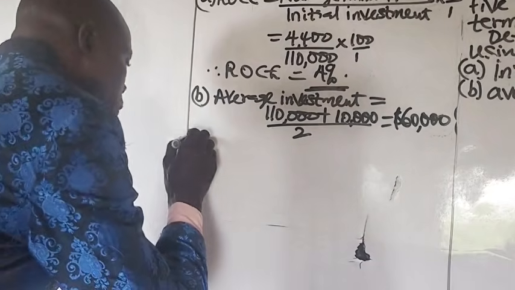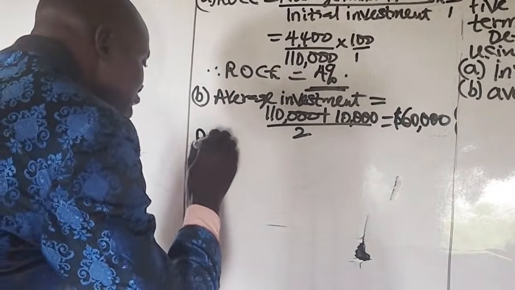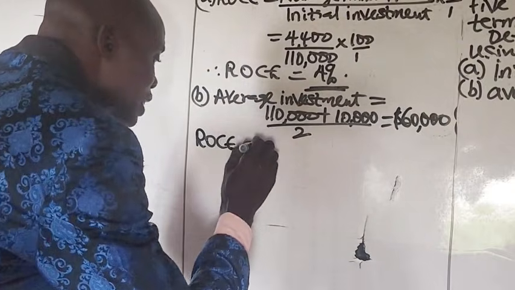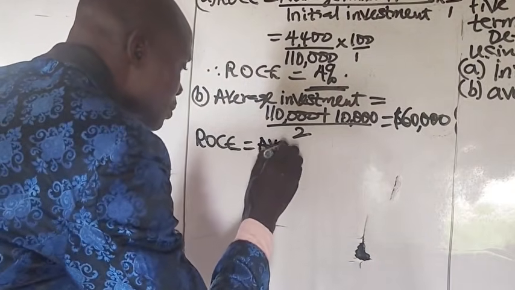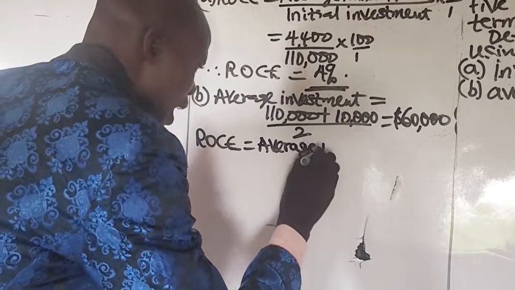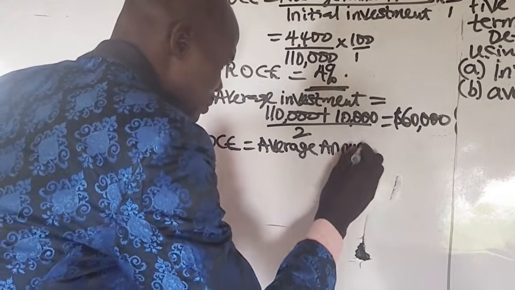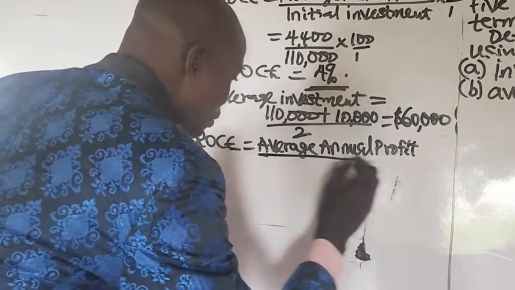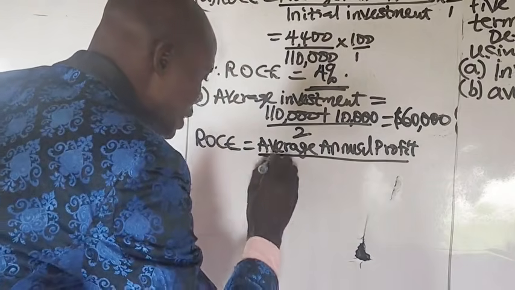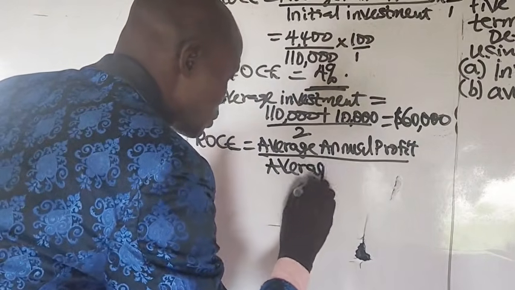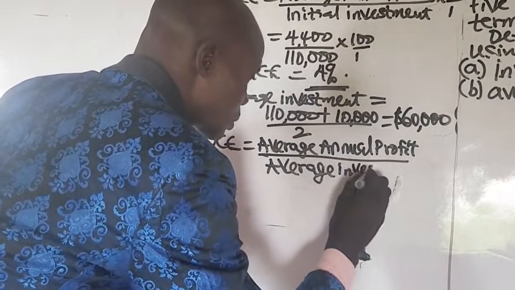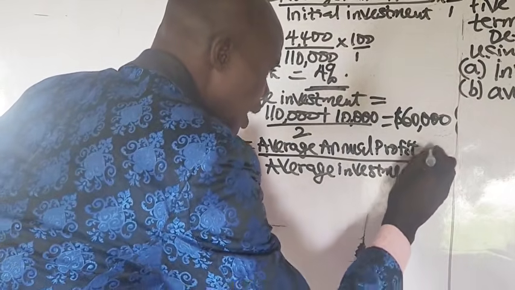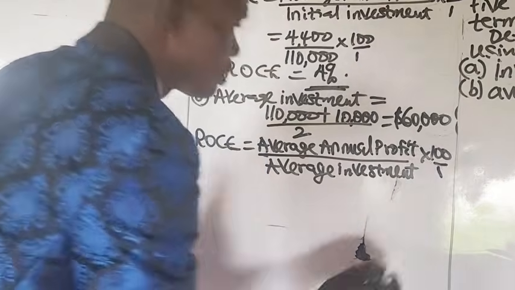ARR calculated on average investment. The formula is average annual profit before interest and tax over average investment, times 100 over 1.